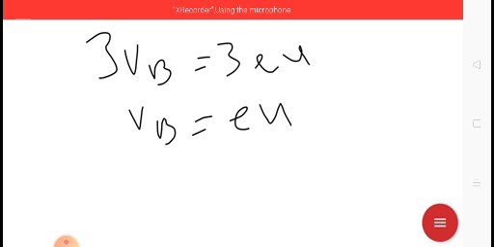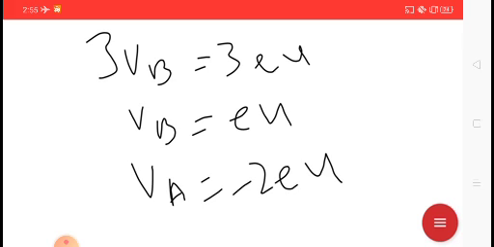And once you have VB, you can find VA from the second equation or from the first equation, depends on you, it's no issue. So you have VA equal to negative 2eu. Okay, so this is for VB and VA in terms of e and u.